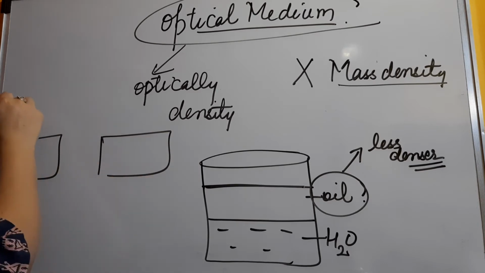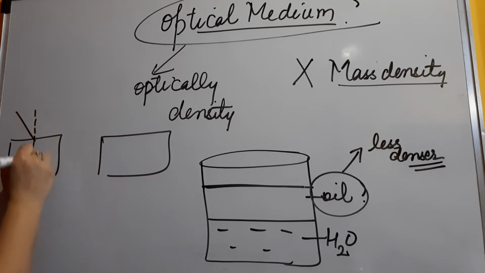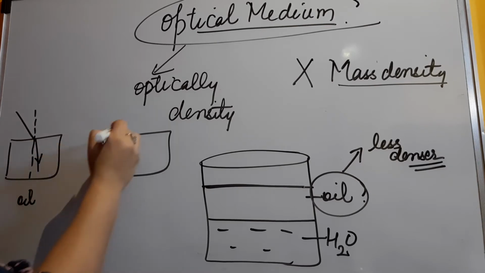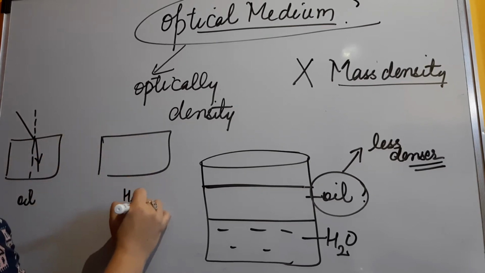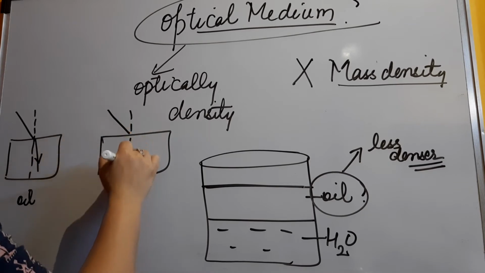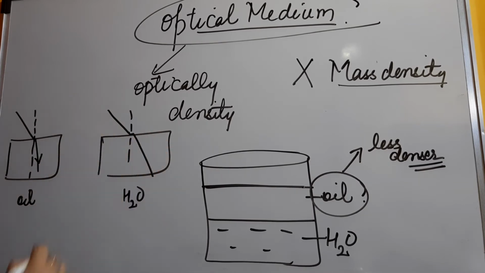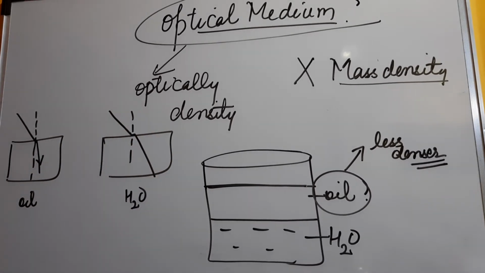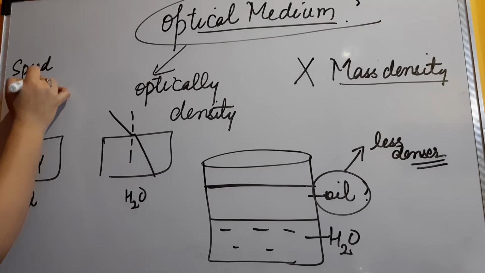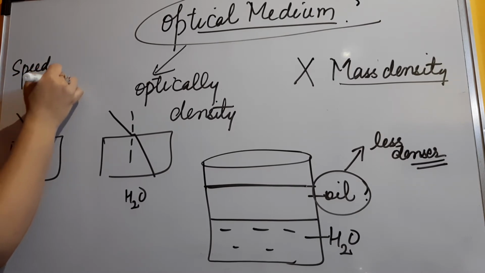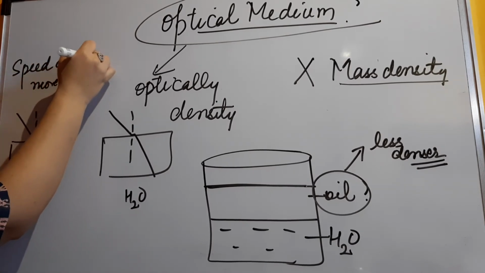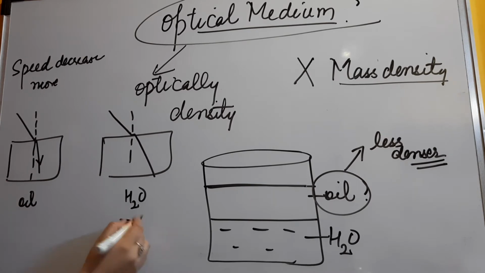If I take a light ray and draw a normal, the bending will be like this in case of oil, and in case of water the bending will be like this. You can observe that in case of oil, the bending is more. It means the speed has decreased to a greater extent, whereas in case of water it was not so.